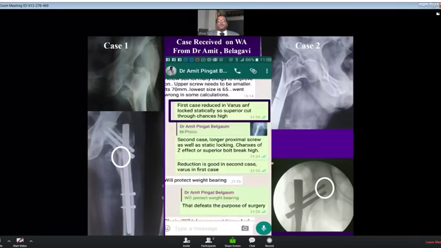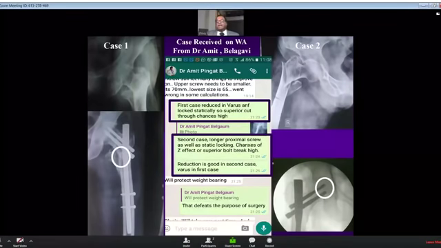So what I wrote to him, the first case is reduced in varus and locked statically. So superior cutout of the screw is very, very high. And the second case, the proximal screw is longer as well as static locking has been done. Hence, chances of Z effect or superior bolt is very, very high.